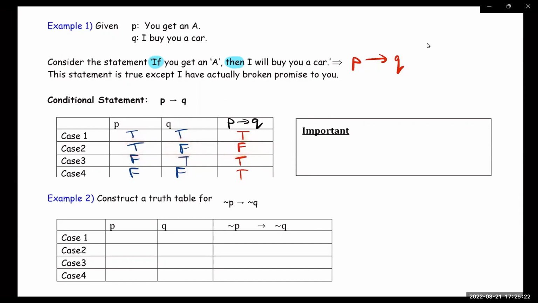So I'll write that here. Only false when you have a true statement to begin with and you end up with the false. So that's the important thing to take from that.